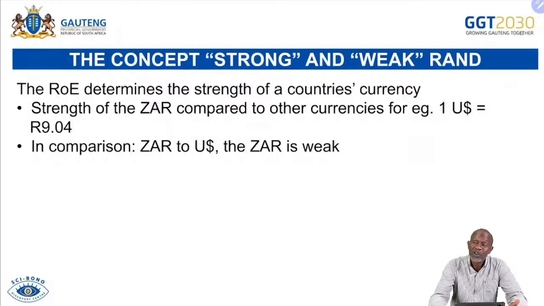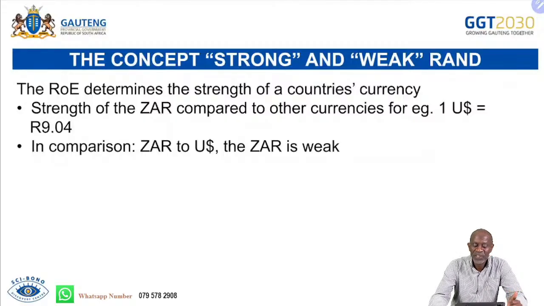The concept of strong and weak rand: the rate of exchange determines the strength of a country's currency. It is the one that determines whether the currency of a country is strong or weak.